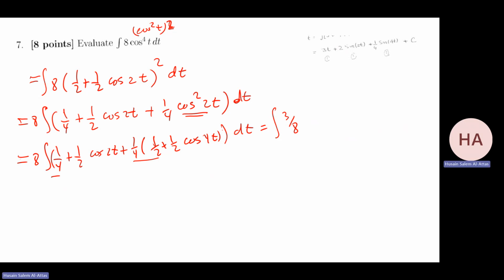Okay. Yeah, that explains the 8. And I have plus half cosine 2t plus 1 over 8 cosine 4t dt.